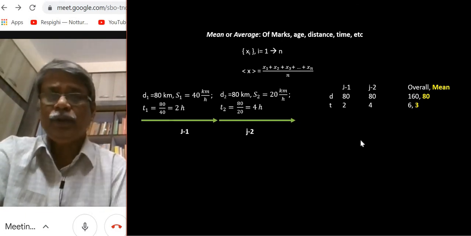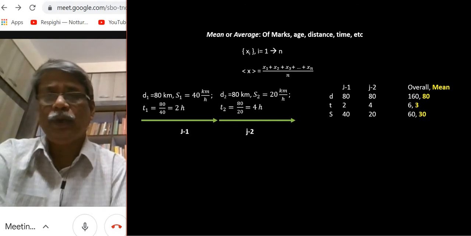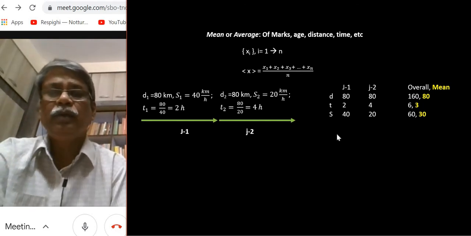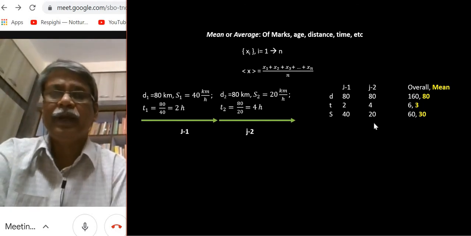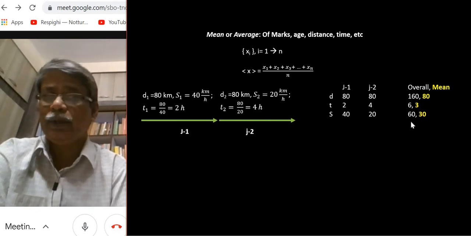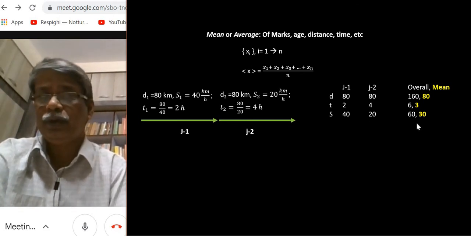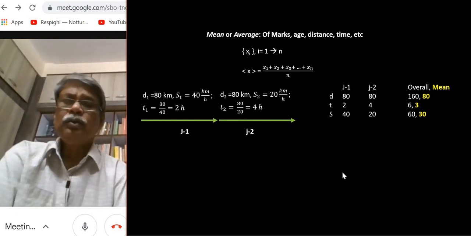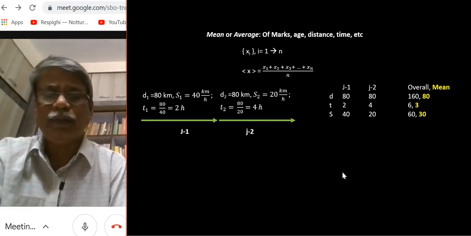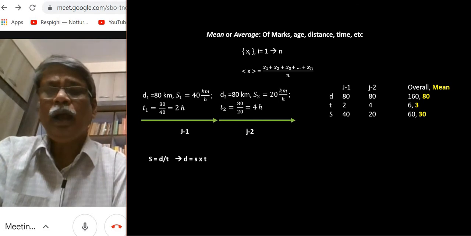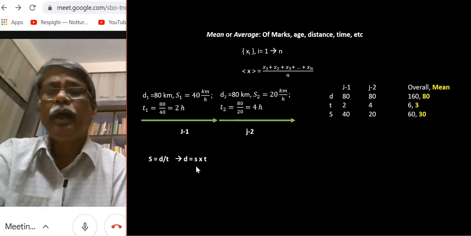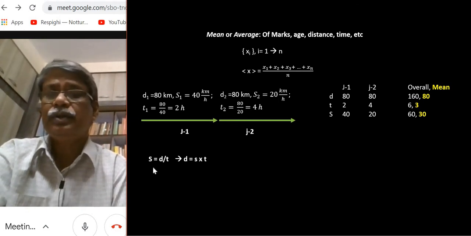Fine. If you are interested in evaluating one more, you may consider speed. In the first phase it is 40, in the second phase it is 20. So the overall you can say 60, and the average is 40 plus 20 by 2, that is 30. So it looks very simple, right? And we can take the general formula for speed, distance and time.